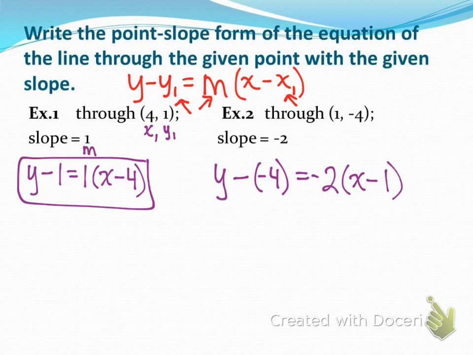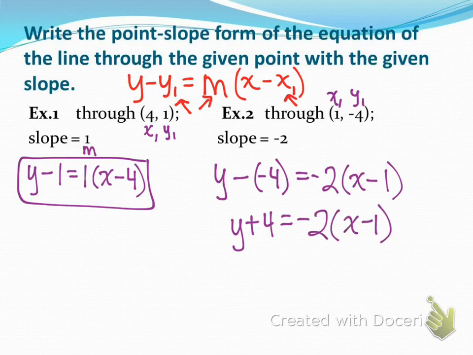If it helps, go through and label your point before you get started: x1, comma, y1. But this one we can simplify a little bit because we know that subtracting a negative means we're really doing what? Adding. So we can rewrite this as y plus 4 equals -2 times x minus 1. Yes, we really got to do that.